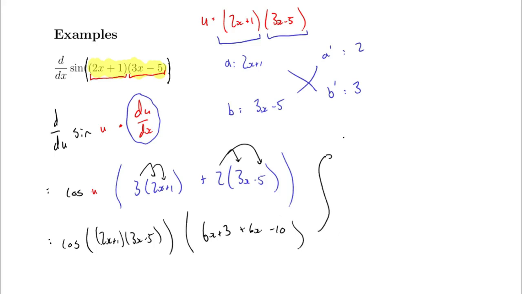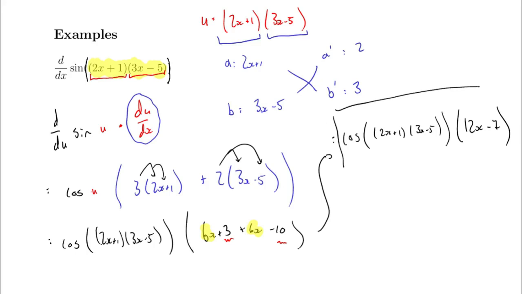Or we can write this as cosine of 2x plus 1, 3x minus 5 times 12x, right? These 6x and 6x can go together. And then we also have 3 minus 10. So we'll call that 12x minus 7. There we go. That'll work out. So that is our derivative here.